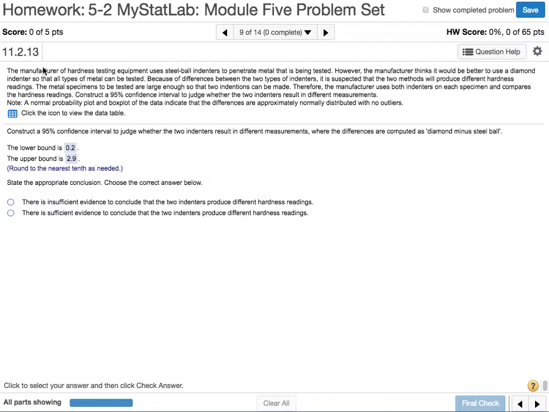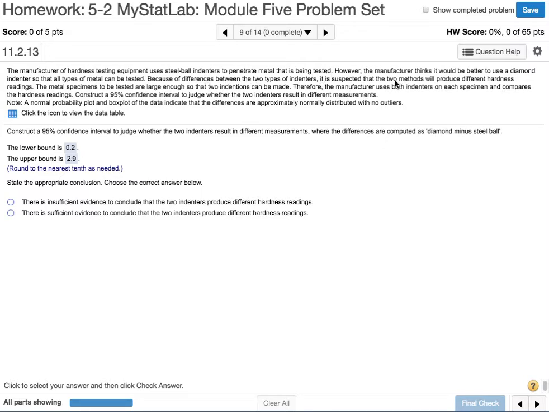So here, in this problem, we have a manufacturer of hardness testing equipment, and they use steel ball indenters to penetrate metal that is being tested.